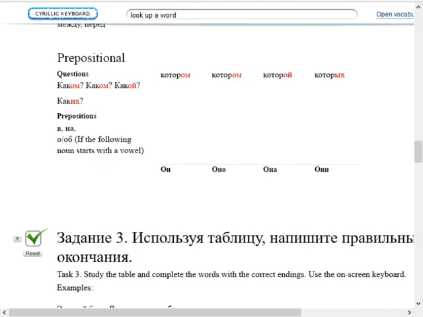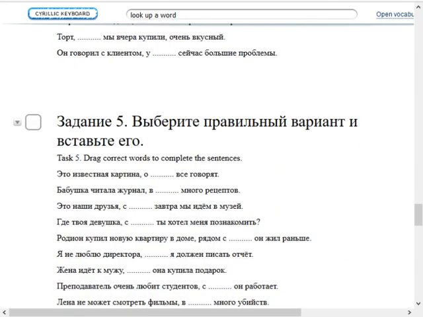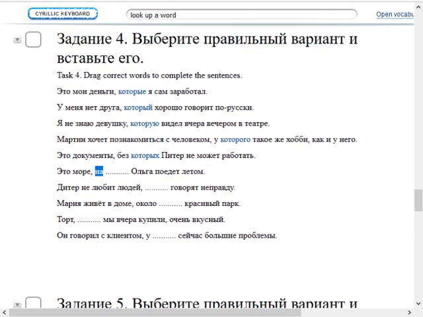So I'm going to assume that this is accusative because I think this is saying that Olga will go onto the sea in the summer. So let's go ahead and work with that assumption.